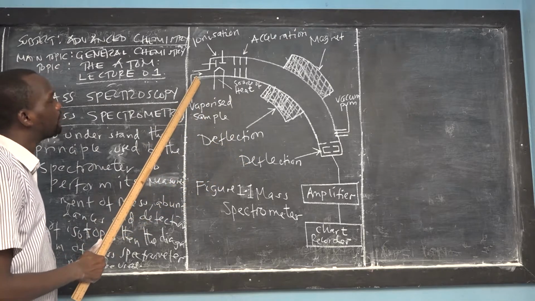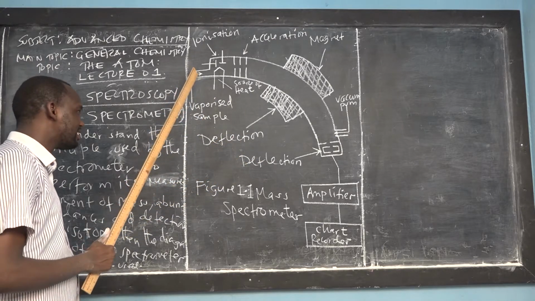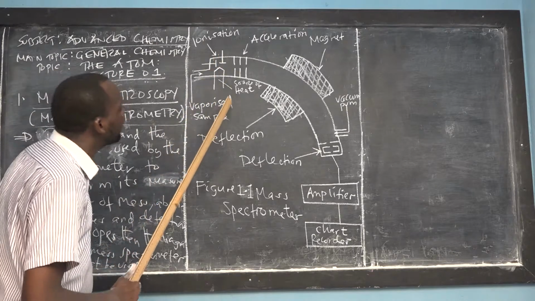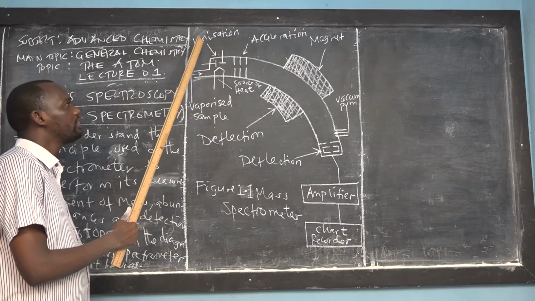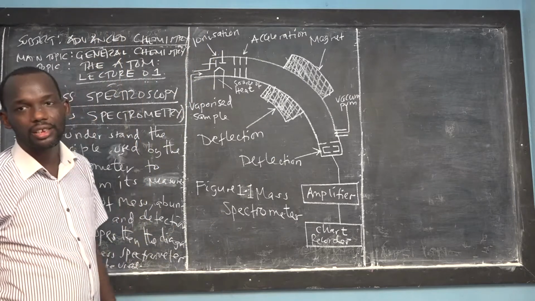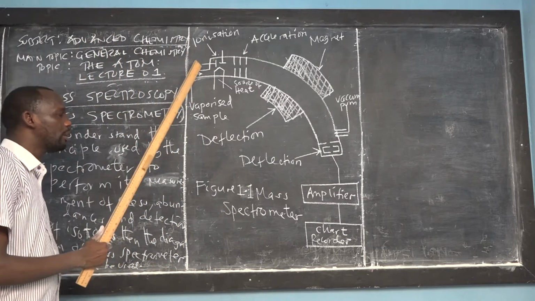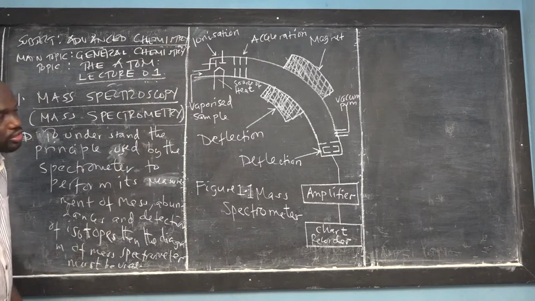Then the vaporized sample, as soon as it has been introduced in the mass spectrometer, it will reach the first section or the first chamber called the ionization chamber. So in the ionization chamber, remember that this is an atom. What's going to happen here?